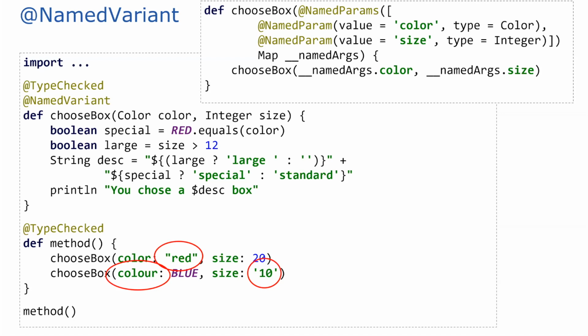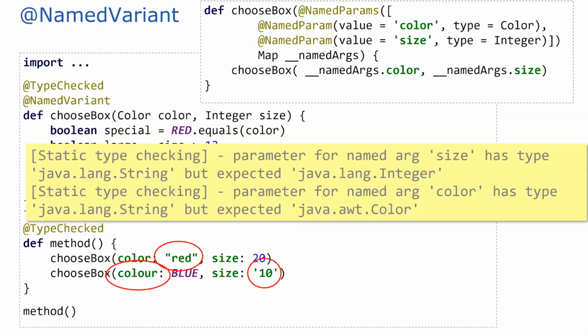That meta information is telling me that color is of type Color and size is of type integer. So now, even as the user of the new method, I'm going to get static type information preserved. So as the user of this code, it'll also tell me about the information.